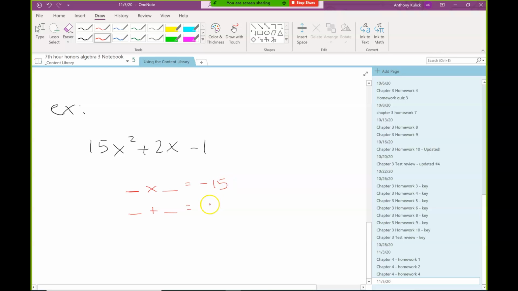And add to give us 2. Right? Again, that's the a coefficient times the c coefficient, and then the b coefficient. Right? What are those two numbers? This one you should be able to do in your head. 5 and negative 3, very good.